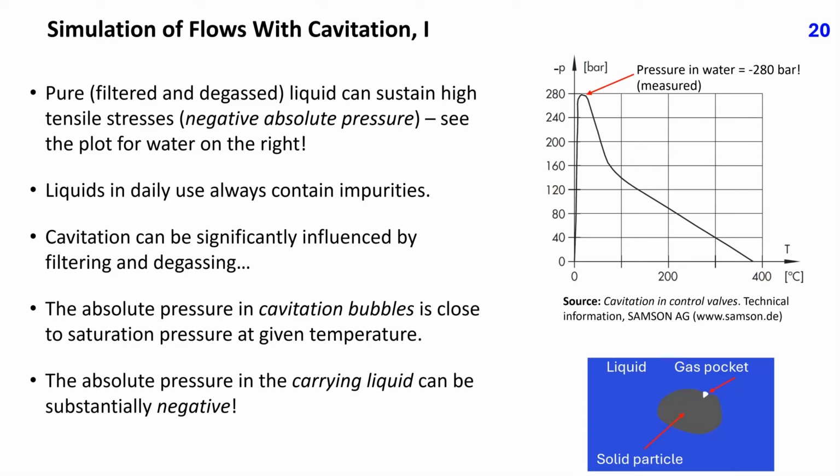This reduces the number of cavitation seeds and can significantly postpone the onset of cavitation. The absolute pressure in cavitation bubbles is close to saturation pressure at given temperature, that is, it is always positive. However, the absolute pressure in the carrying liquid can be substantially negative.